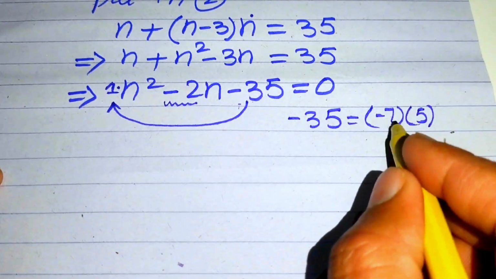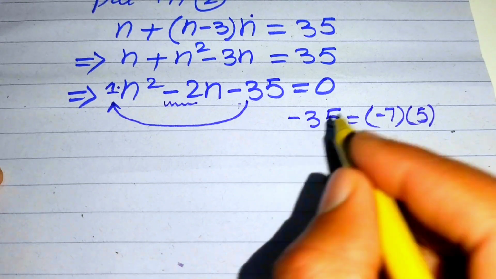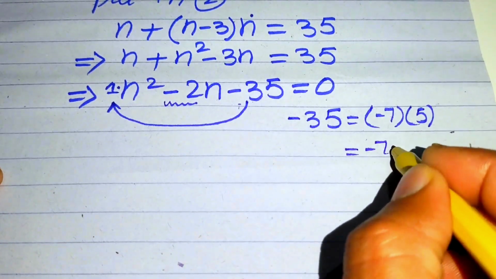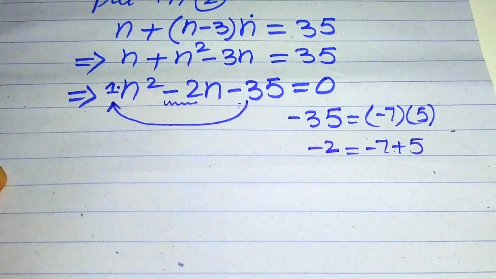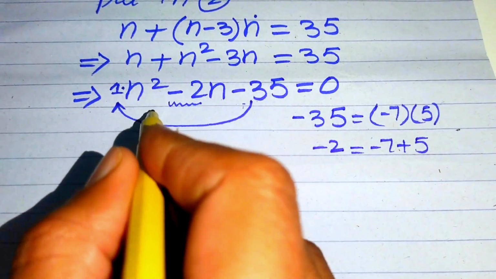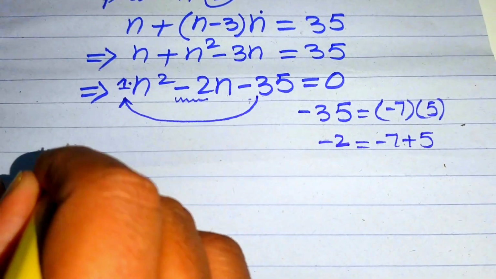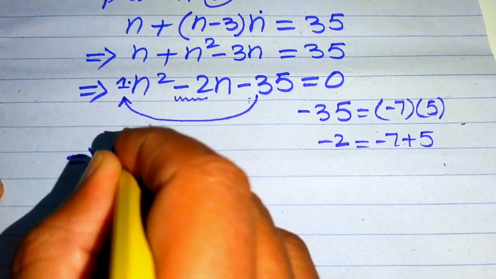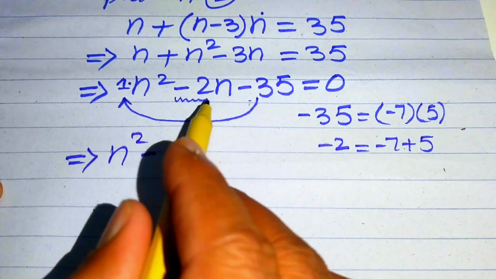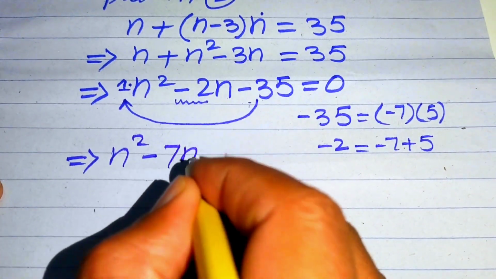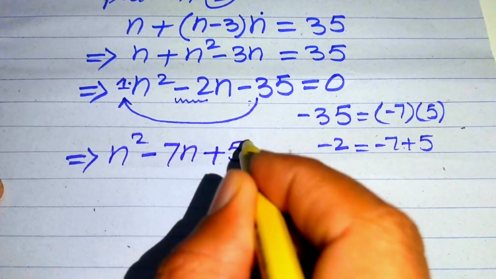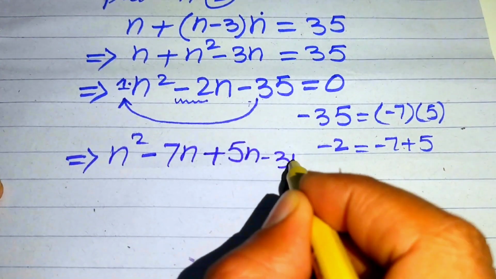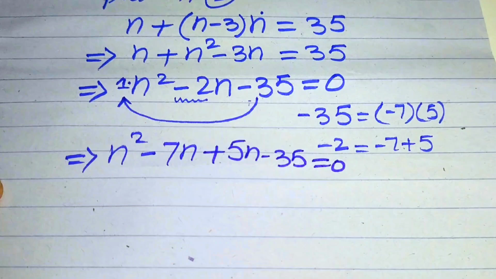When you multiply these two numbers you get minus 35, and when you add them you get minus 2. So we factor the equation in this way and write it as n squared minus 7n plus 5n minus 35 equals 0.